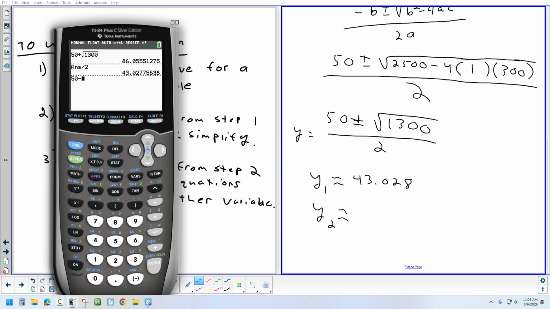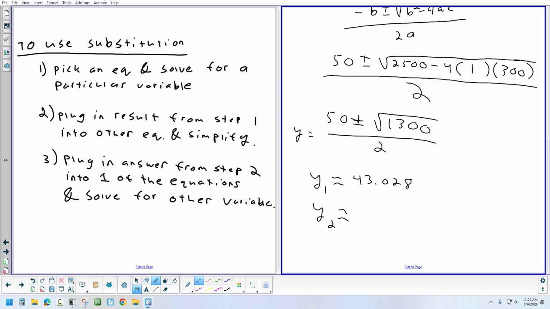So 50 minus the square root of 1,300 divided by 2. And they both come out positive. I didn't get a negative. So I need to write them both down. 6.972. Okay, so I've got y1 and y2.